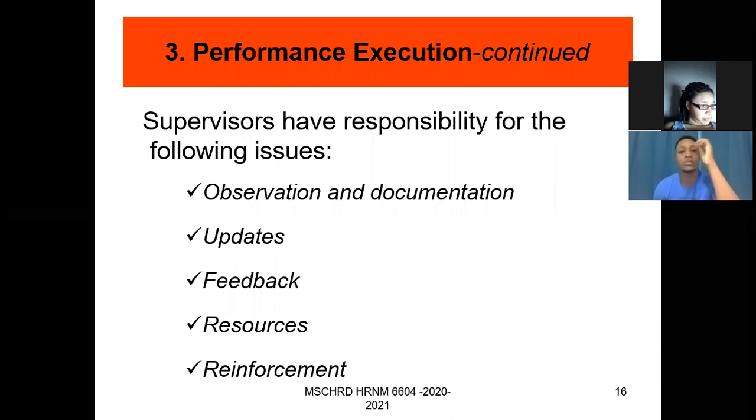Different types of performance activities have different levels to the code, meaning if I stole money, I'm not going to go through progressive discipline. That is immediate termination. So when you look at the disciplinary code, all of the occurrences that could happen are usually set out.